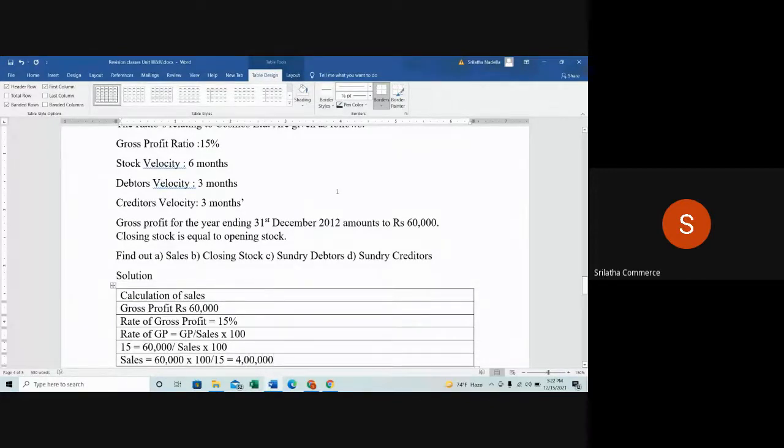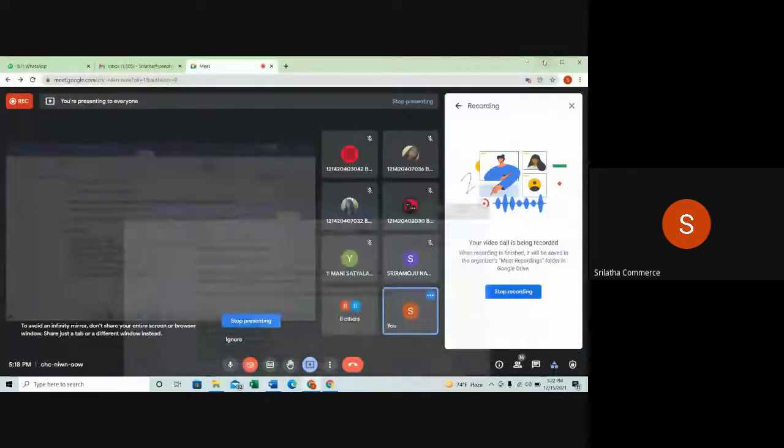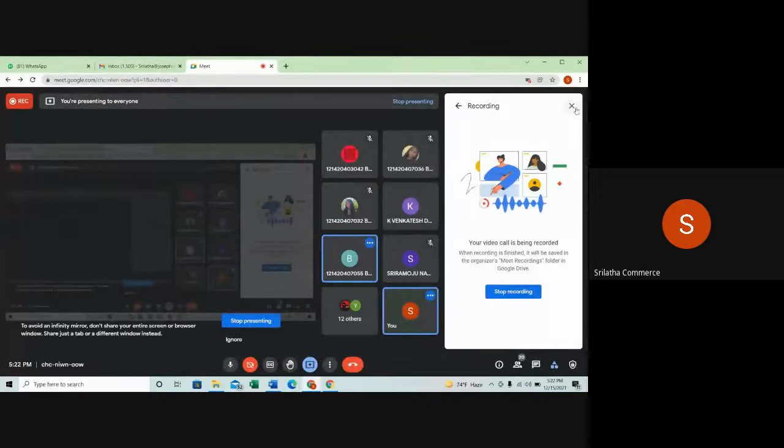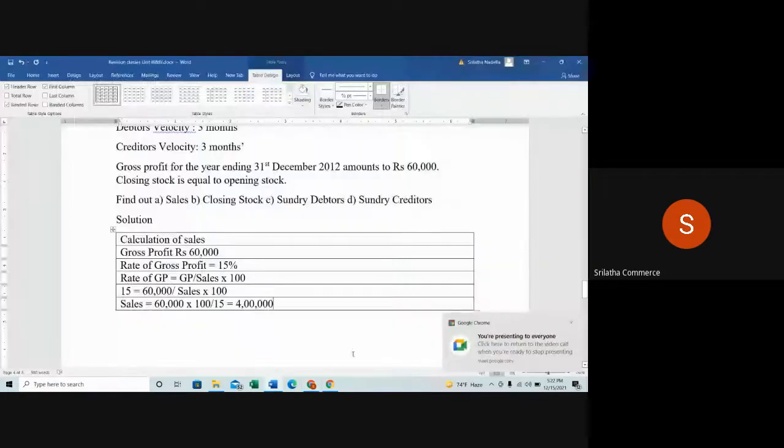Any doubt? No one. So this is the sales that we got. Next, what is the information we can find out? Cost of goods sold, isn't it? Cost of goods sold is equal to sales minus gross profit.